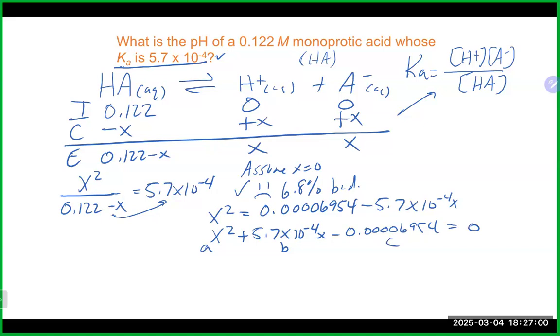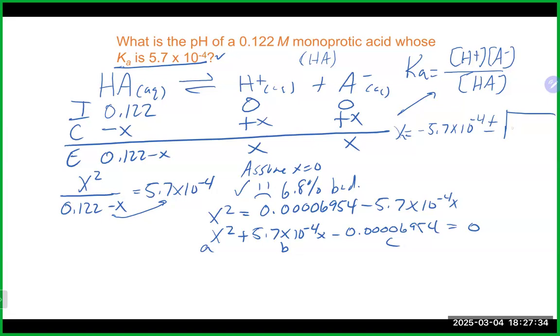And going in, we will get x is equal to negative b, which would be negative 5.7 times 10 to the minus 4, plus or minus, if we do what's inside the square root, 5.7 to the minus 4 squared, minus 4 times a, which is 1, times c, which is negative 0.00006954.